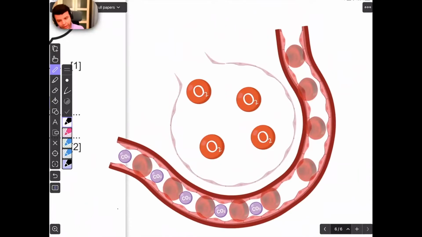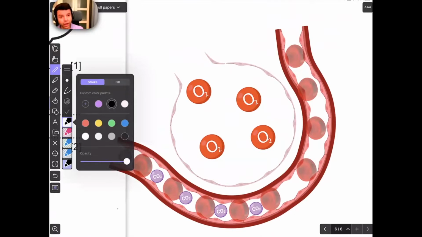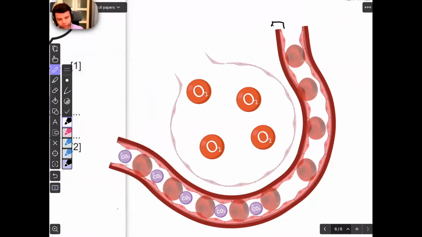So one would be what? One would be that the walls are thin. The wall of the alveoli and the wall of the capillaries are both very thin, okay? Another thing is that there's a large number of alveoli, millions and millions of alveoli and millions of capillaries, so that provides a large surface area.